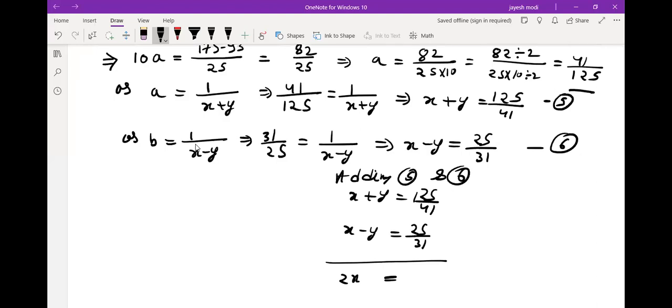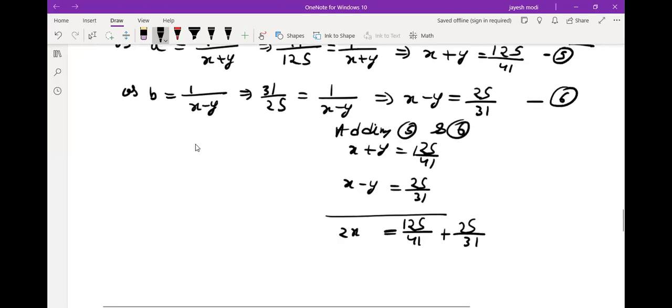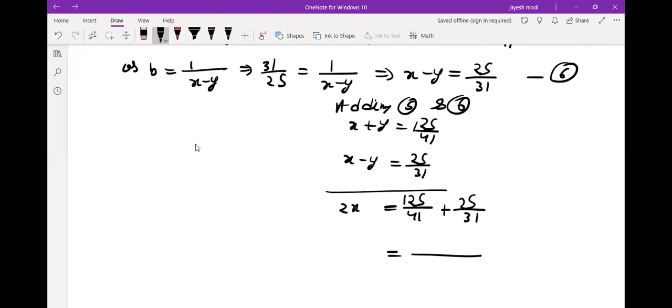X plus X, Y cancelled out. So 125 by 41 plus 25 by 31. Okay, when we take LCM, it is 41 into 31. So numerator is 125 into 31 plus 41 into 25.